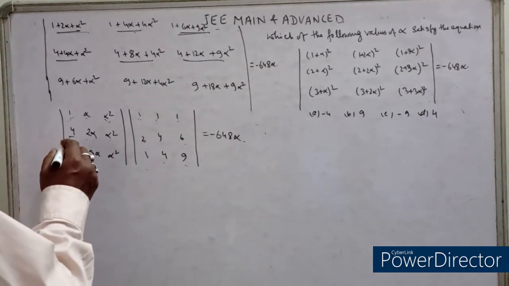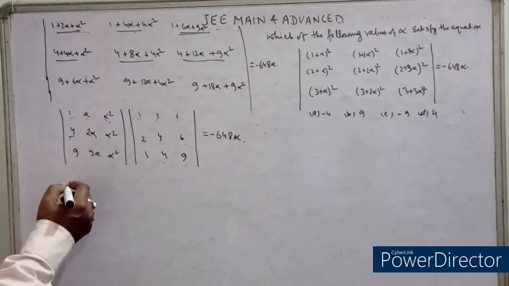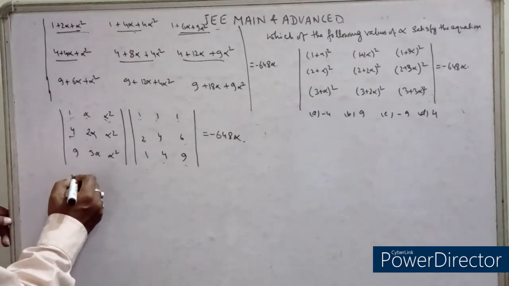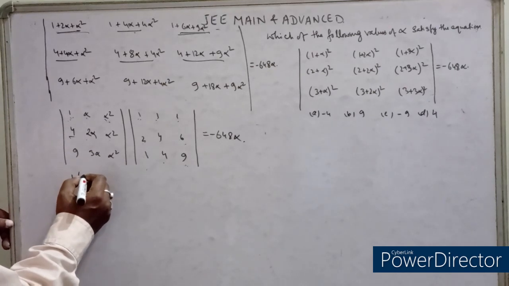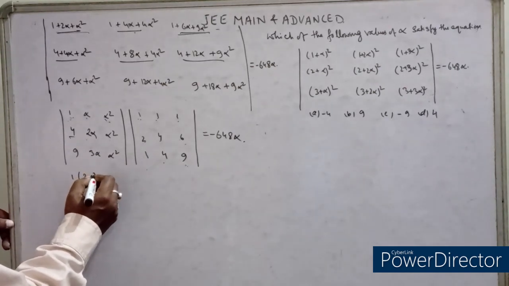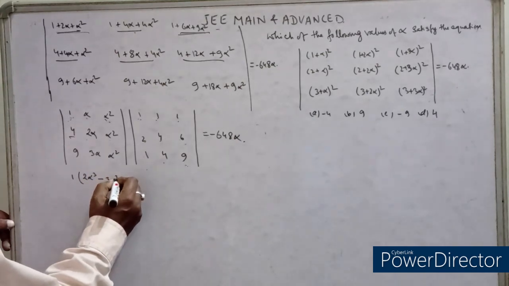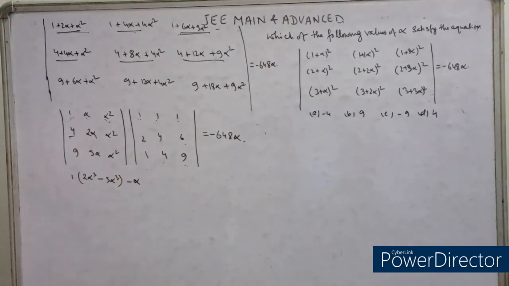So if you expand this, it will come out to be 1, that is 2 alpha cube minus 3 alpha cube minus alpha.